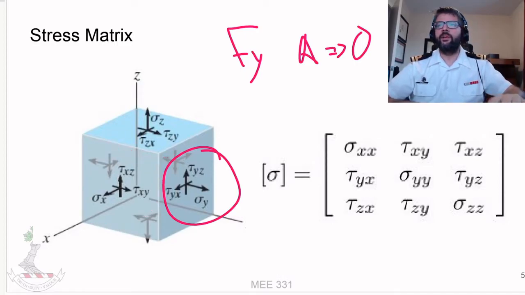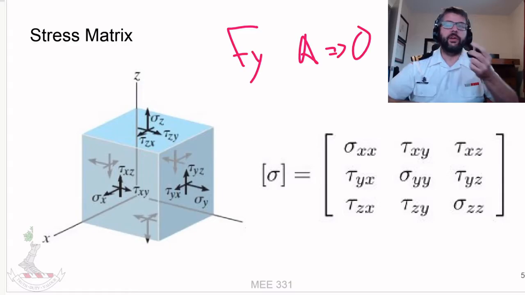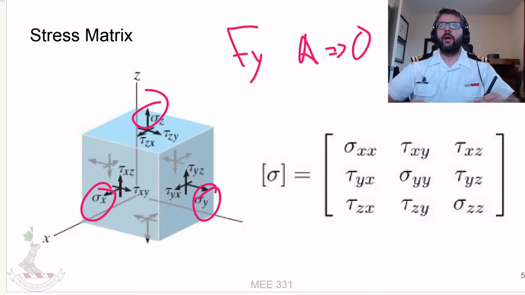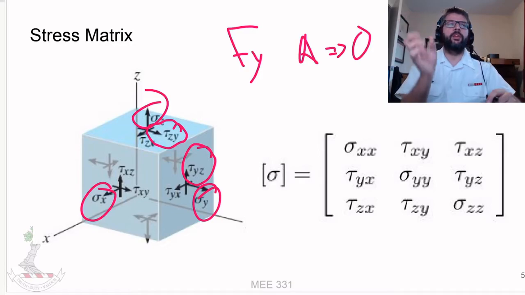That having been said, they're also not completely independent, because essentially, the normal forces are independent. You can increase those, you can decrease those without affecting things. But this tau yz needs to be the same as this tau zy, because otherwise this cube is going to be rotating.